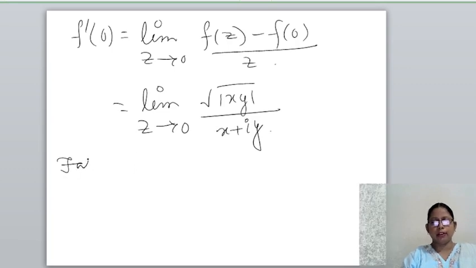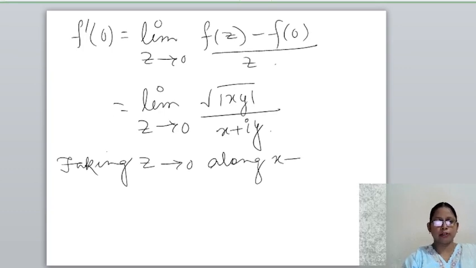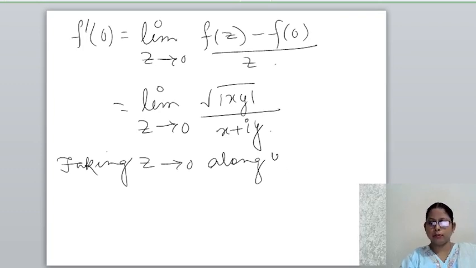Next, taking z tends to 0 along the curve y equal to mx, not along the x-axis, as a limit in complex analysis can be obtained along any path, not only along the real axis. So we take this curve y equal to mx.